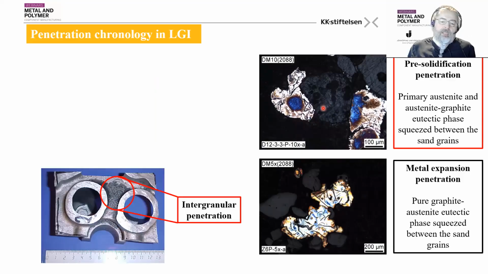On the right side, you can see droplets found behind the metal mold interface between the sand grains, and in some cases, the observed morphology of the gray cast iron alloy includes all the expected phases, like the primary austenite in the middle in this case, and the eutectic phase, including the graphite lamellas.